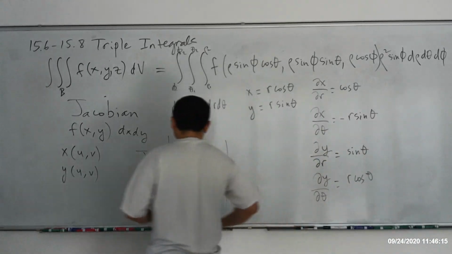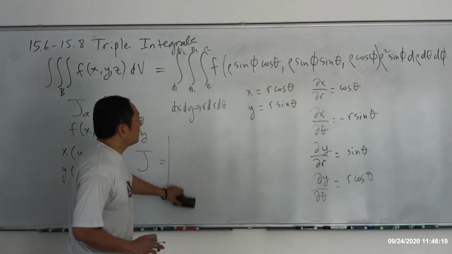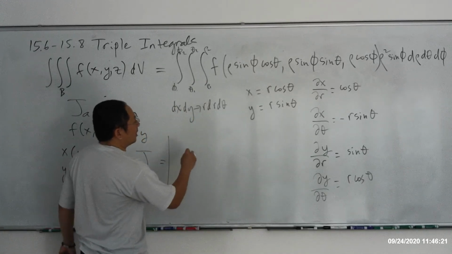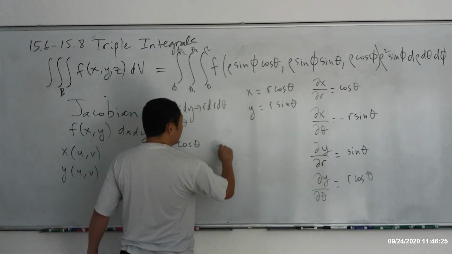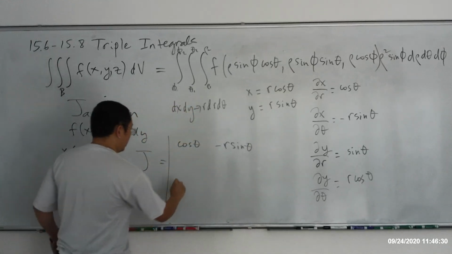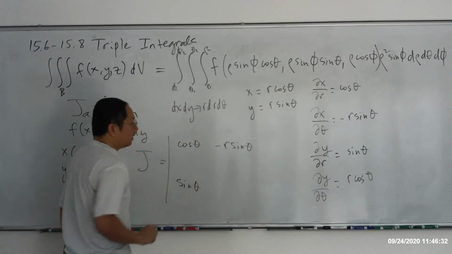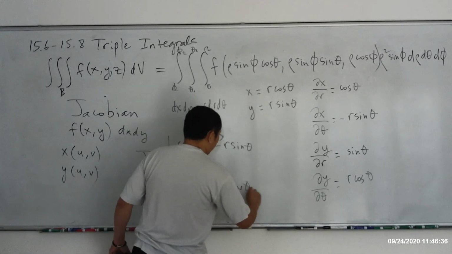Okay, so what is my Jacobian going to be? dx over dr is cosine theta, dx over d theta is negative r sine theta, dy over dr is sine theta, and dy over d theta is r cosine theta.